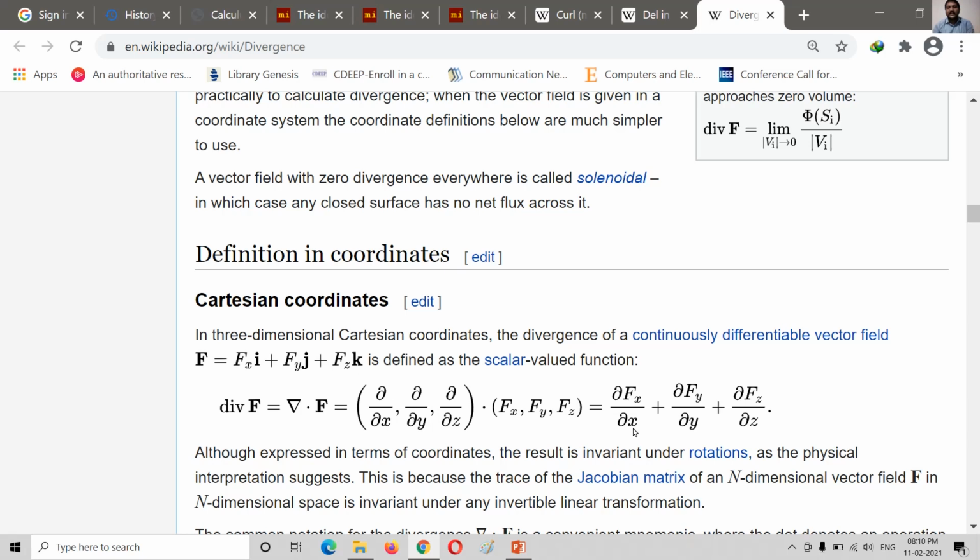It comes out to be del by del x of fx plus del by del y of fy plus del by del z of fz. So this is the representation of divergence of f in the Cartesian coordinate system. Again, a vector field with zero divergence everywhere is known as a solenoidal field.